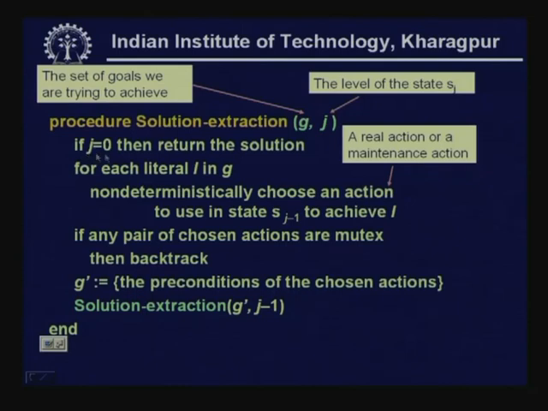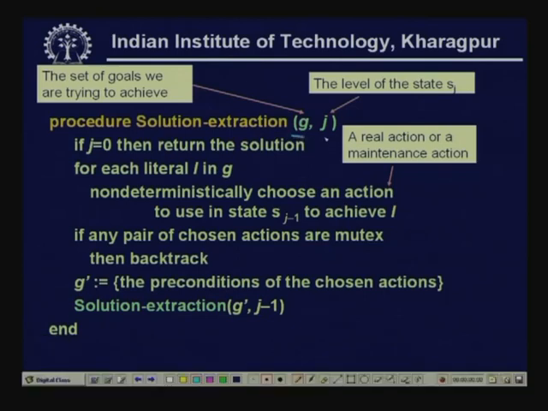So, to repeat, for solution extraction in Graphplan, G is the set of goals that we need to achieve and j is the level of the current state Sj. If j is 0, that is, we have reached the initial state, we return the solution. Otherwise, for each literal l in G, that is, each proposition which occurs in the current goal, we non-deterministically choose an action in the previous state, j minus 1, that achieves l.